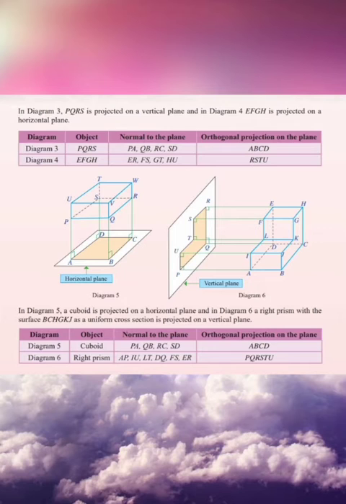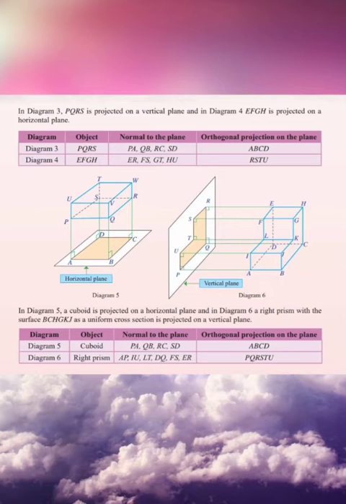The orthogonal projection on the plane for the object in diagram 3 is ABCD. It's the same for diagram 4. The object is EFGH, and the normals to the plane are ER, FS, GT, and HU. And the orthogonal projection on the plane for diagram 4 is RSTU.